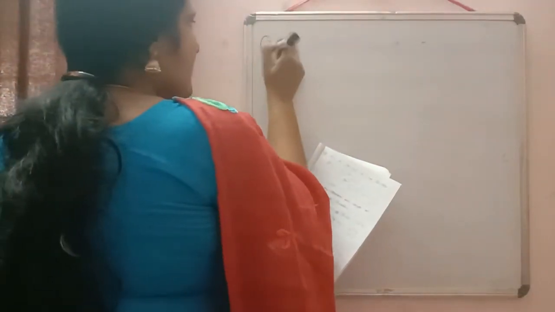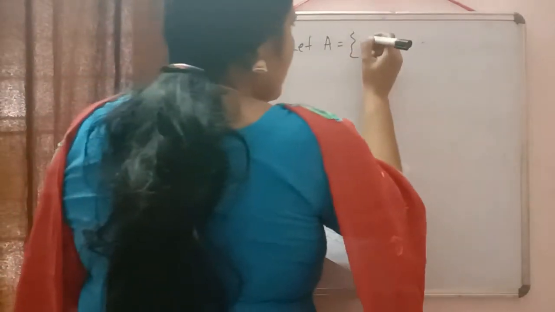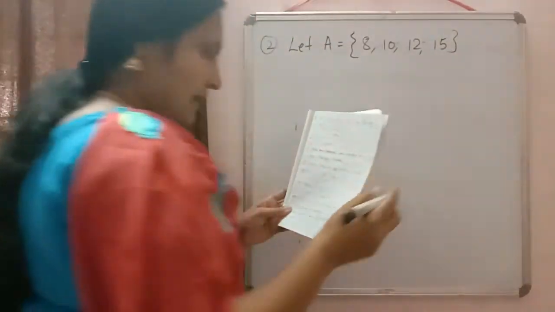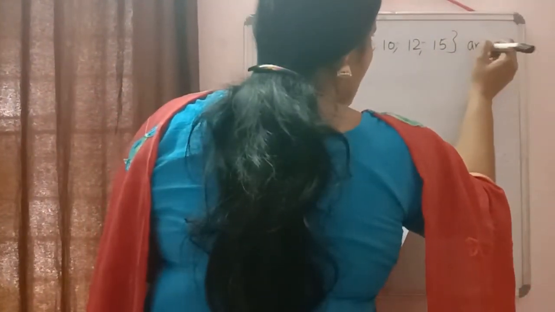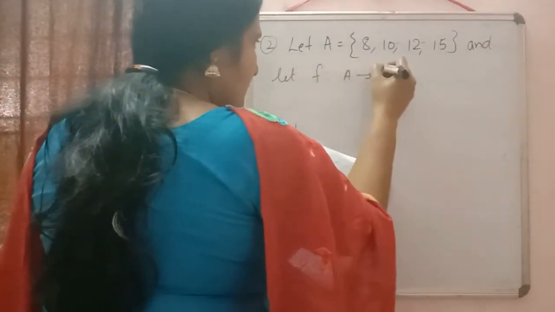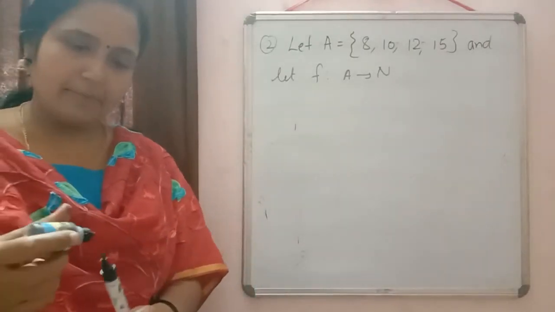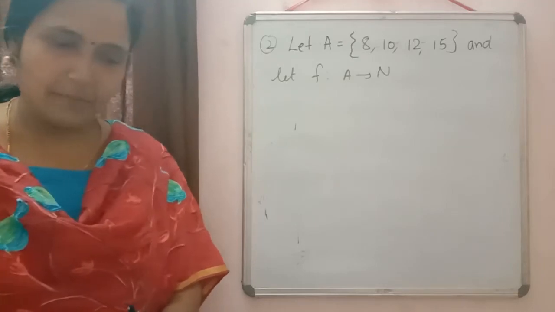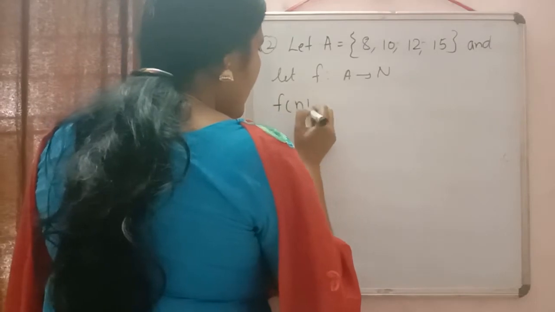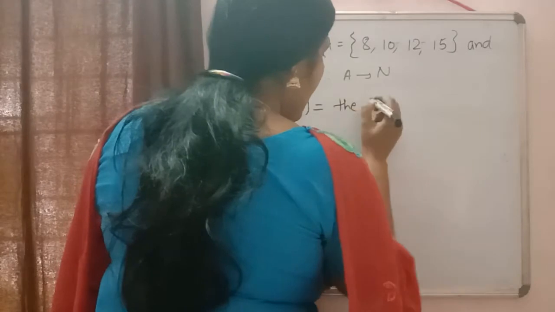Let A be the set 8, 10, 12, 15, and let f map from A to N be defined by f of n is equal to the highest prime factor of n.